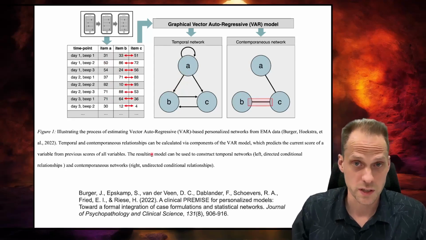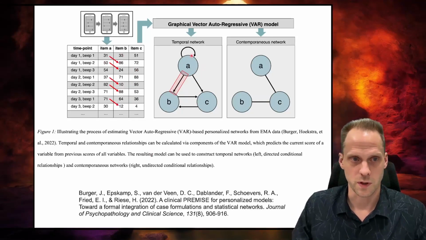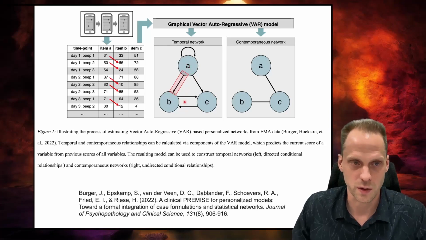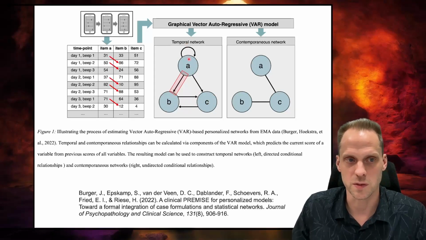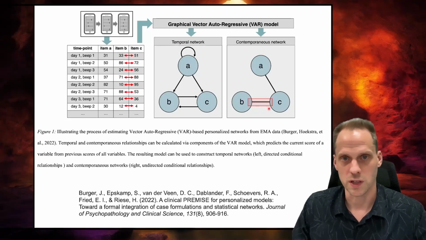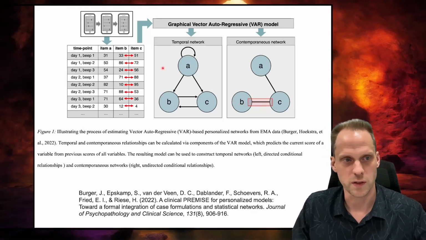In the contemporaneous network, we take these temporal effects into account. Here A is actually a latent cause of B and C, so we need to take it into account so we don't get some effect between B and C just because of A as a temporal predictor. So we control for that, and then we get the partial correlation structure that we know, which tells us how the two variables relate to each other in the same window of measurement.